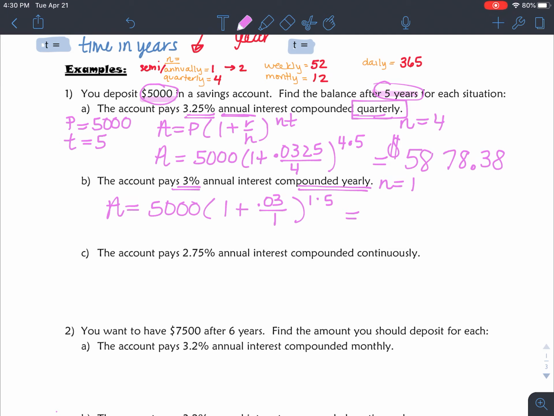Again, I would hit pause, plug it into your calculator, make sure you get the same answer as me, round to 2 decimal places, and your final amount would be $5,796.37.